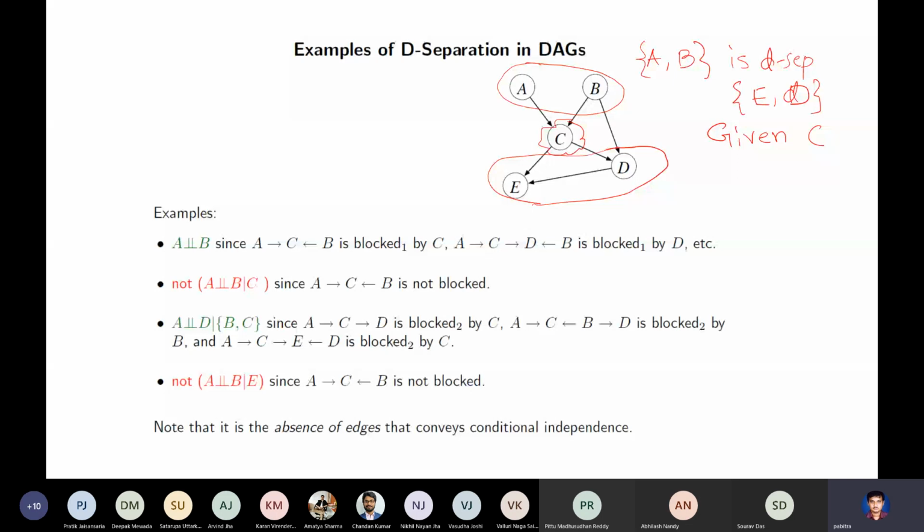Then we would call it d-separated. I'll give an example of what d-separated means.